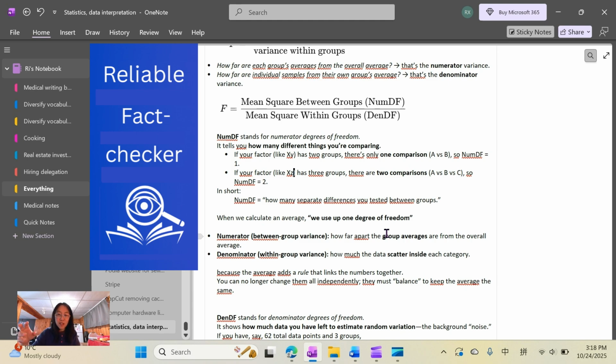That's how you decide where you find the samples, where you find the patients to test. So that's going to determine how many comparisons you have, and how many degrees of freedom you have.